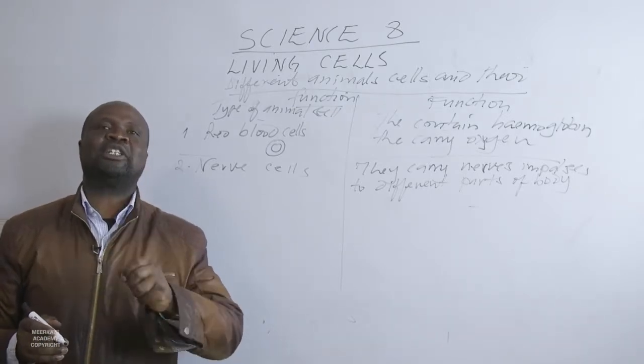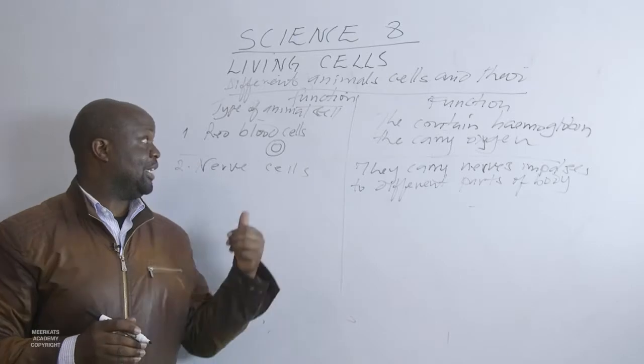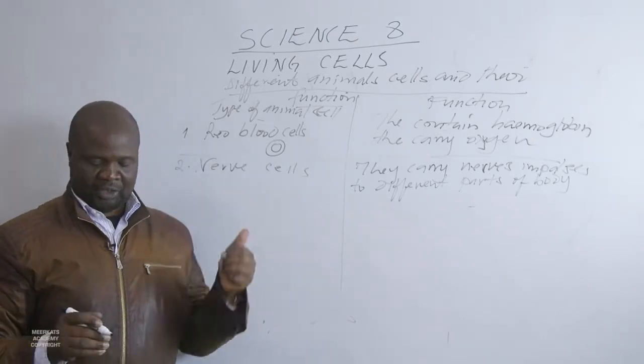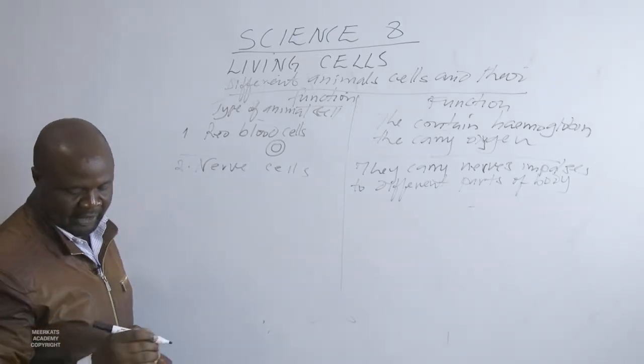How does the structure of a nerve cell look like? It is unlike the one that was round. We can have the following.